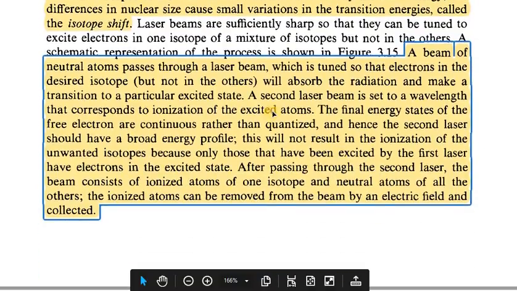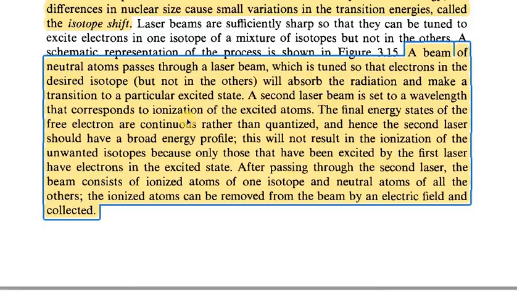A second laser beam is set to a wavelength that corresponds to ionization of the excited atoms. The final energy states of the free electrons are continuous rather than quantized, and hence the second laser should have a broad energy profile.